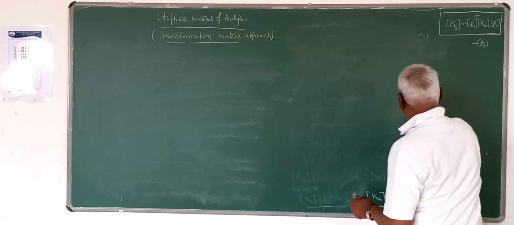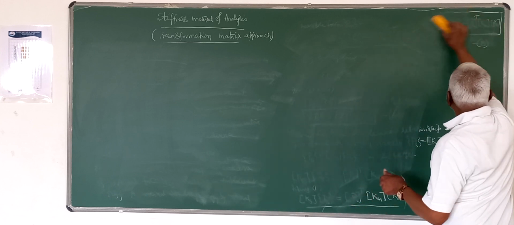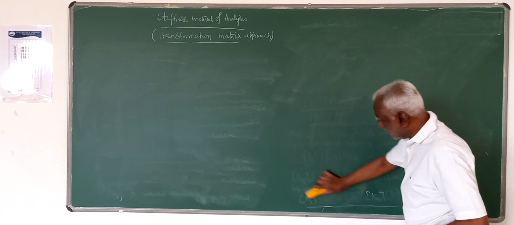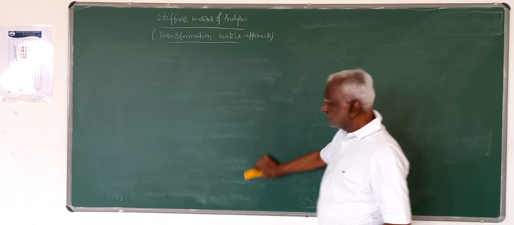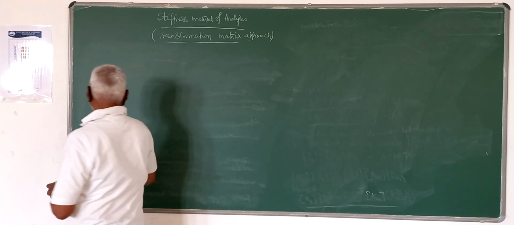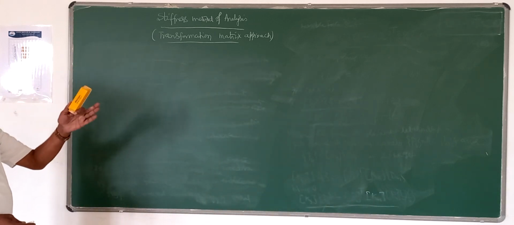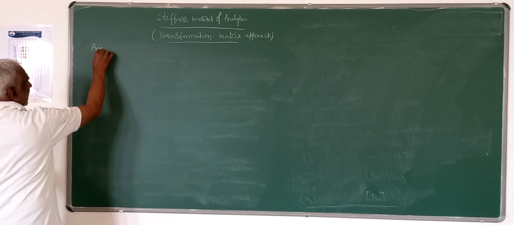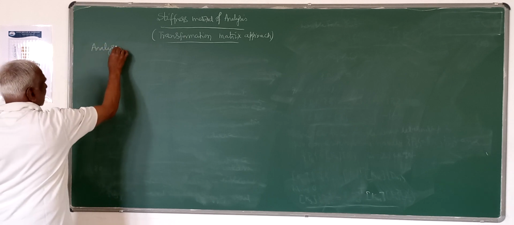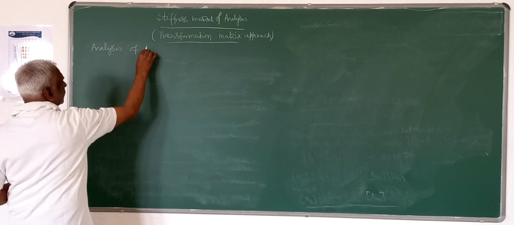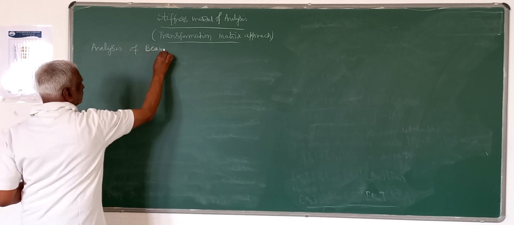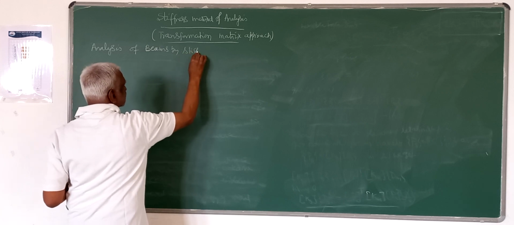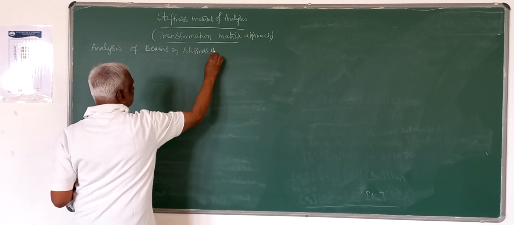So the steps to be followed, already I told, it is similar to the flexibility method. The 7 steps which I just used in the flexibility method, the same 7 steps you can adopt here. Now straight away I will take up an example, that is analysis of beams by this stiffness method.